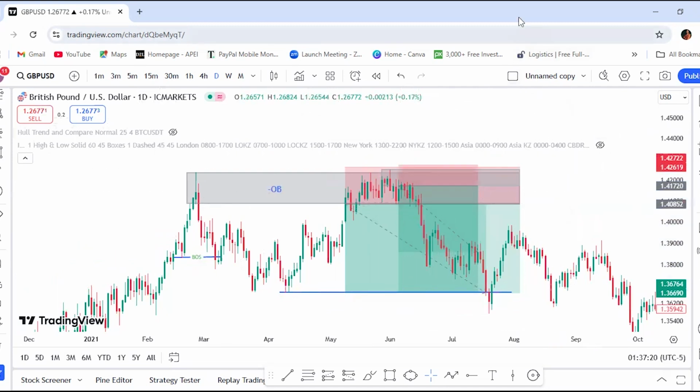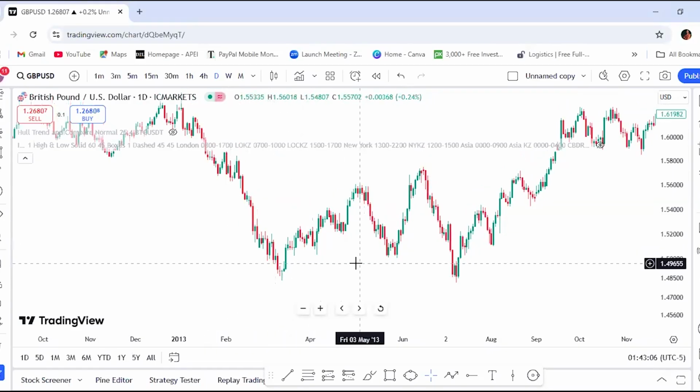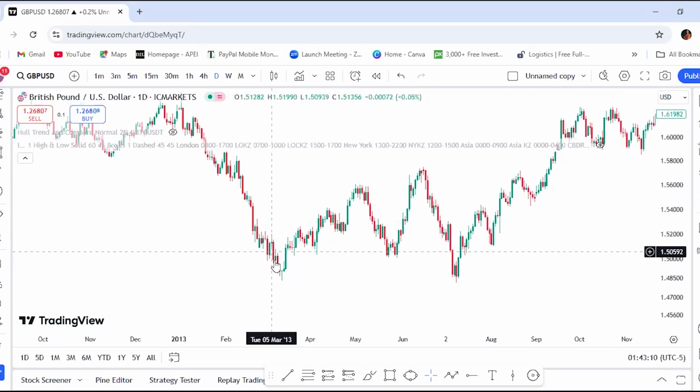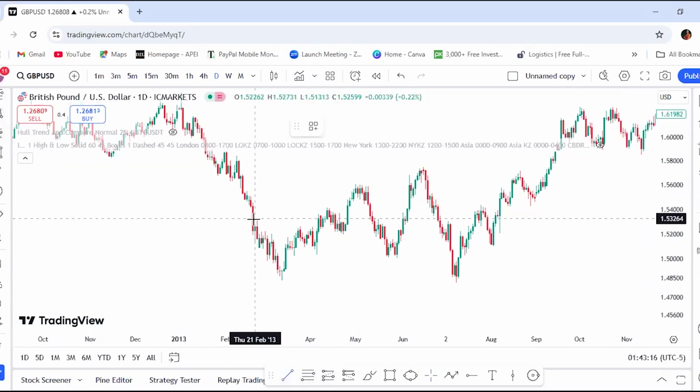So let's look at an example of a bullish order block. As you can see, this market was trending on the downside. This is where we have major highs, right?